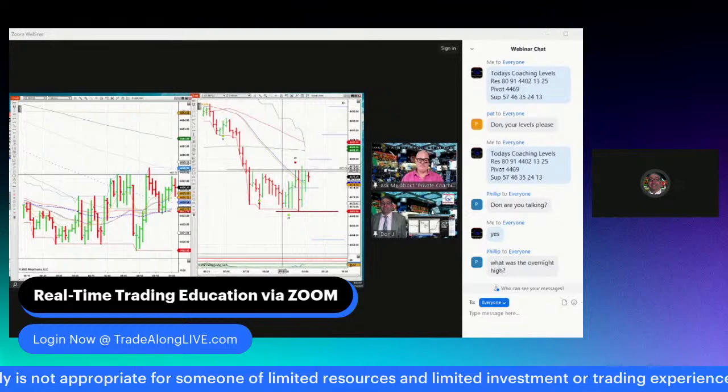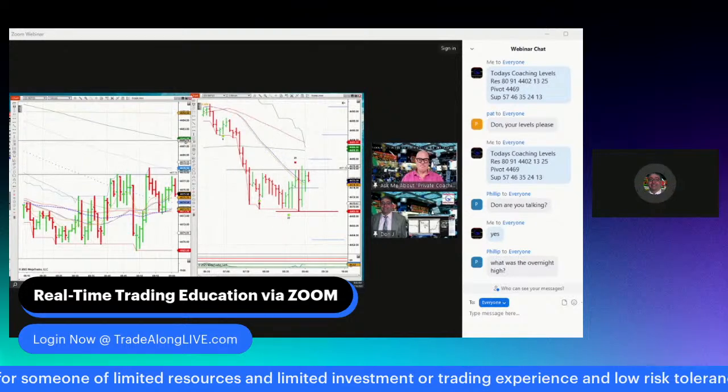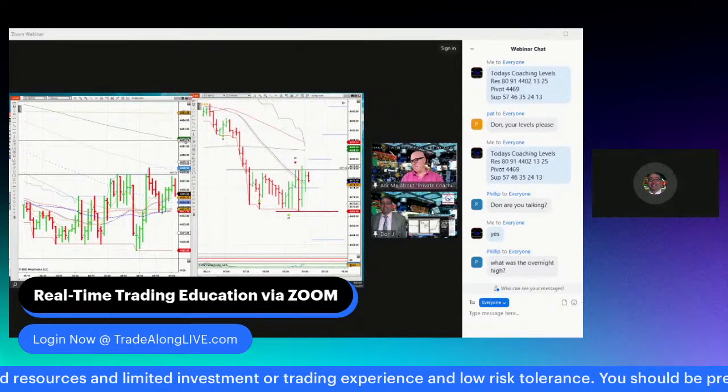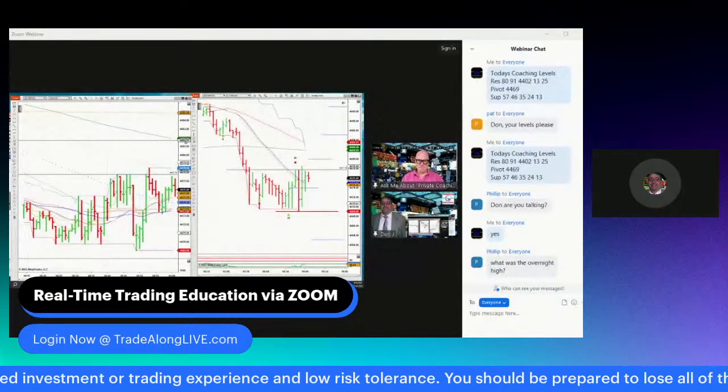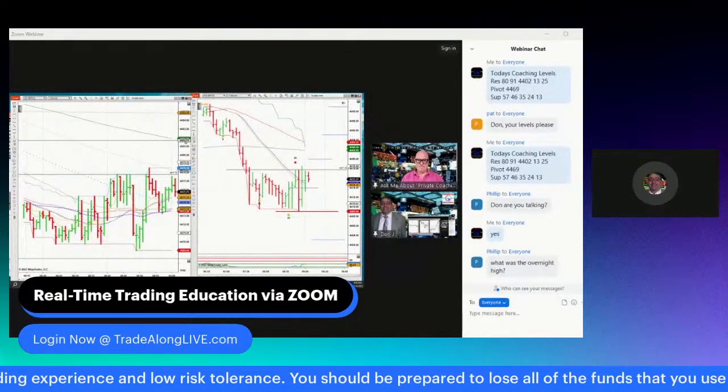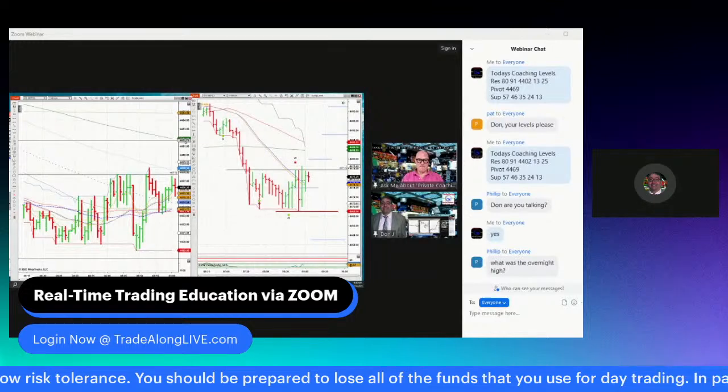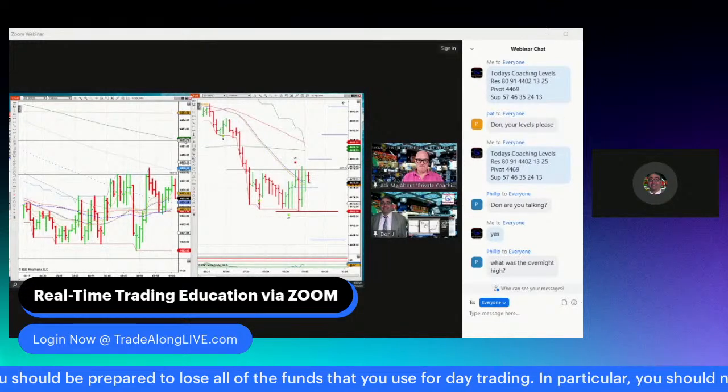If anything else, that 77 area gave you a place to bail your trade if you were long in the 74s, and you made a little money out of the trade.